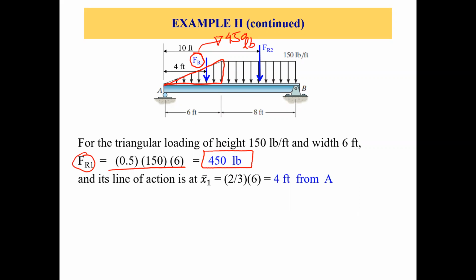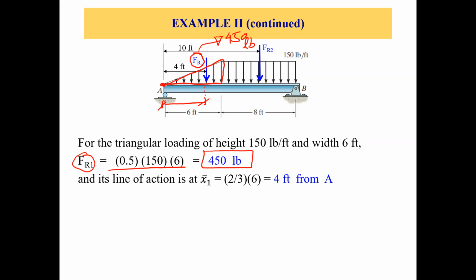All right. Now, what is the point of action of this FR1? We need to find this distance. We know that from the base, from point A, it is 2/3 of the length.